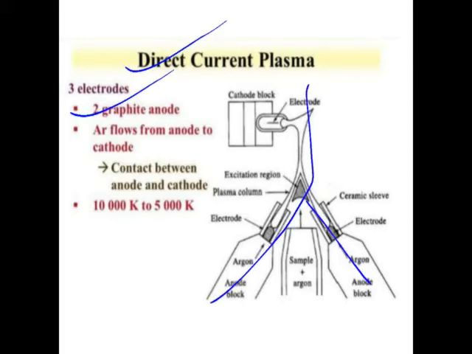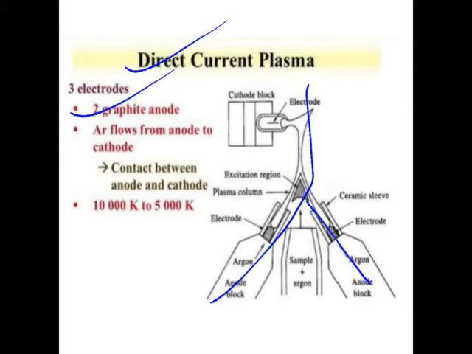Okay, so that is the arrangement of the three electrodes present in the direct current plasma. It consists of three electrodes: two graphite anodes, and the third one, the tungsten cathode. They are generally arranged in the form of a Y shape.